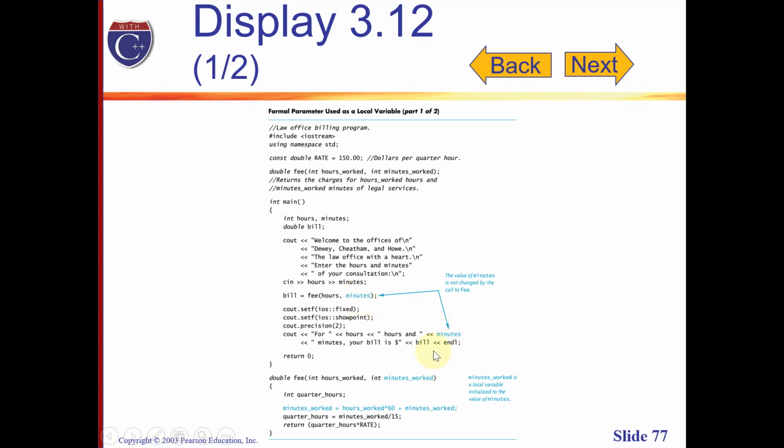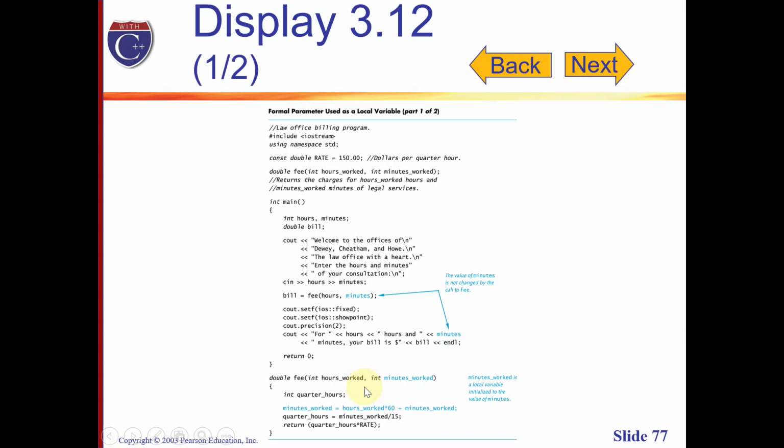As we can see here, we have another variable which was declared as a local variable within our main function, which will be passed as a parameter or as an argument to the function fee whenever it is called. And if we take a look at the function definition, we also have a local variable called minutes worked, which is declared as a local variable initialized to the value of minutes.